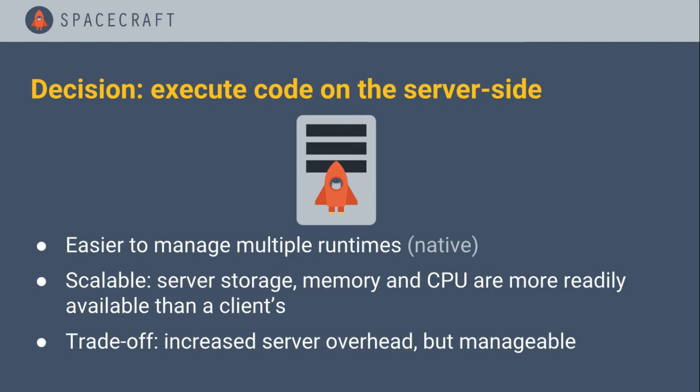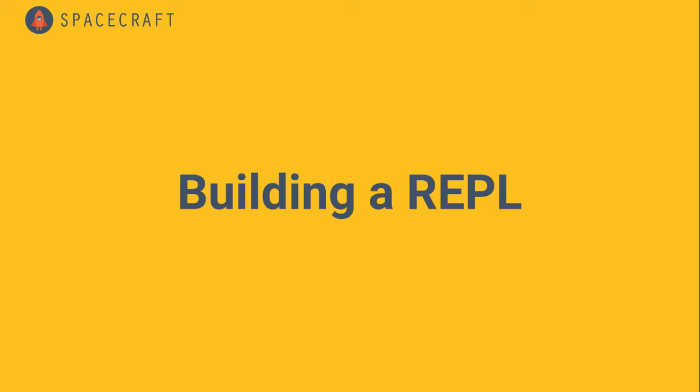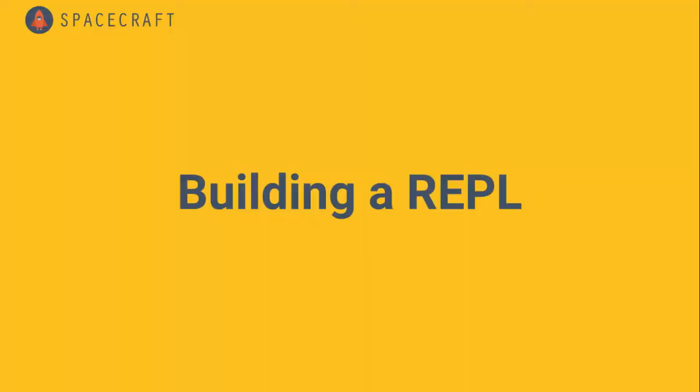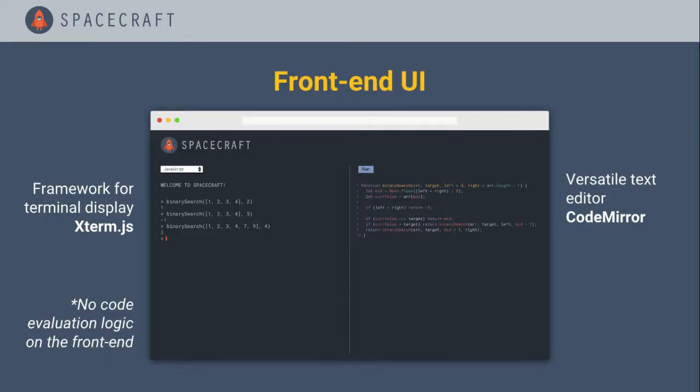Now, here comes the interesting part, which is how we actually build a REPL. For the front end, we have two sections. On the left-hand side, we have a terminal display. We're going to leverage xterm.js, which is a framework for basically converting text and CSI codes into something like a terminal.